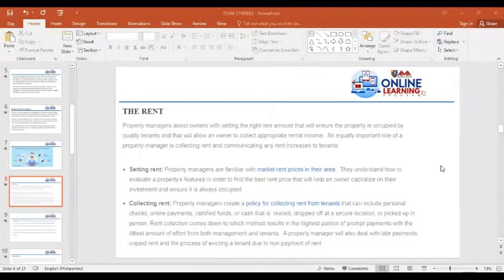So with this, the basis of your monthly rentals is that you have to make sure of the rent prices in the area wherein your property is located, so the rental prices of the property are not too high.